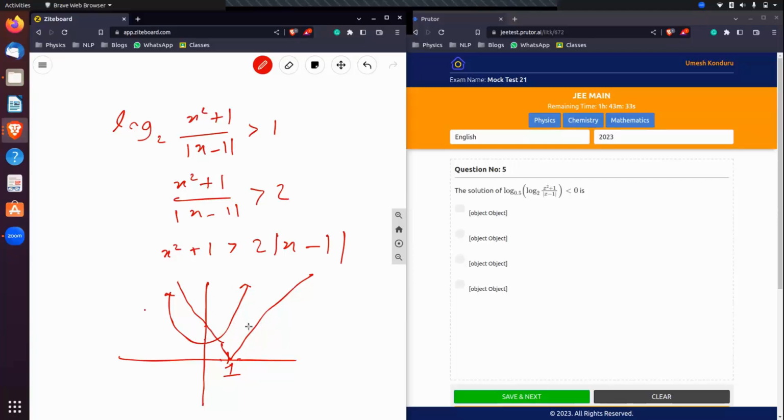And the slope of this is always 2, whereas x squared plus 1, it only increases from 2. So on the right side, it's not going to intersect this function at all. We just need to look at these 2 points of intersection, and then x squared plus 1 will be greater than this function everywhere else, right?